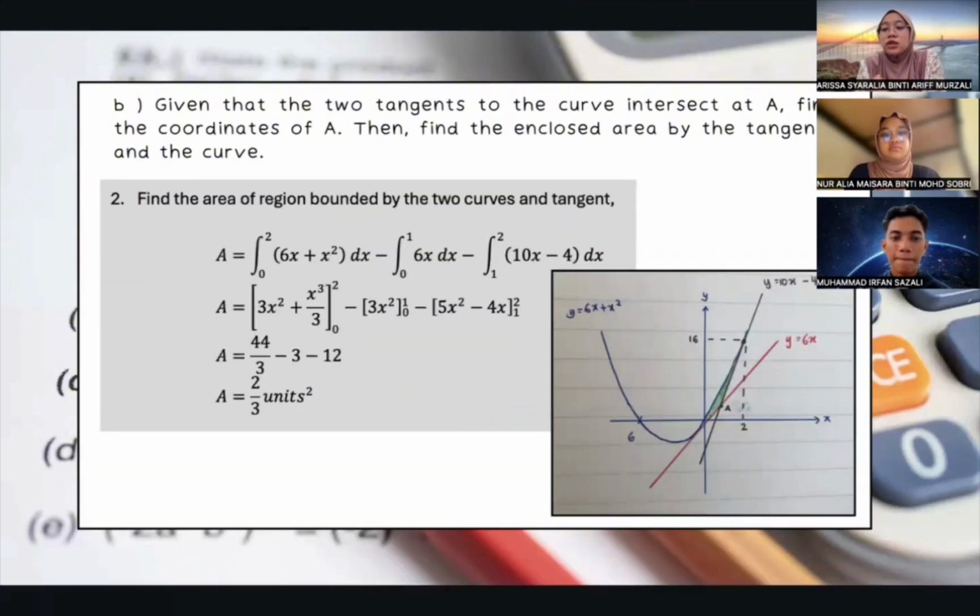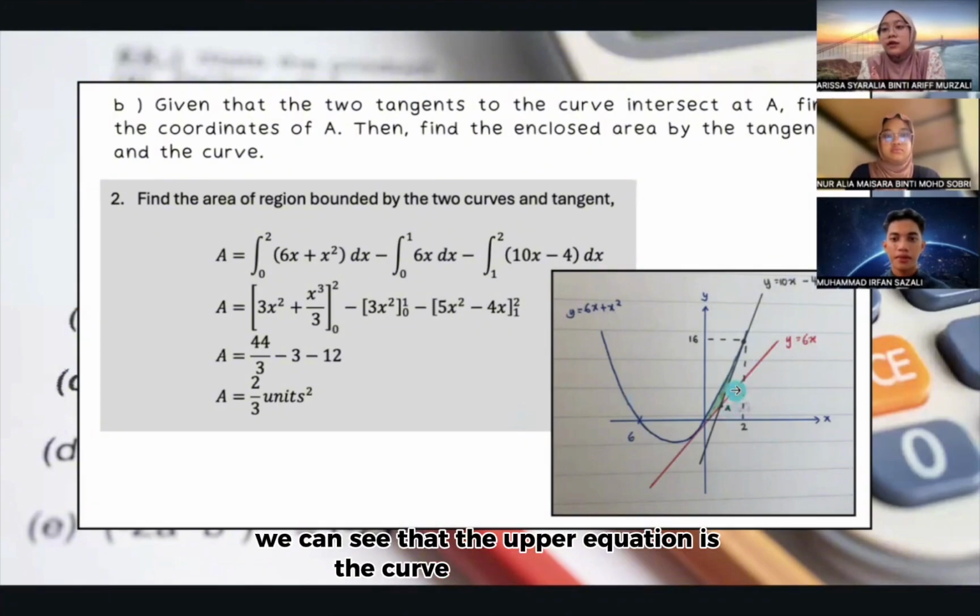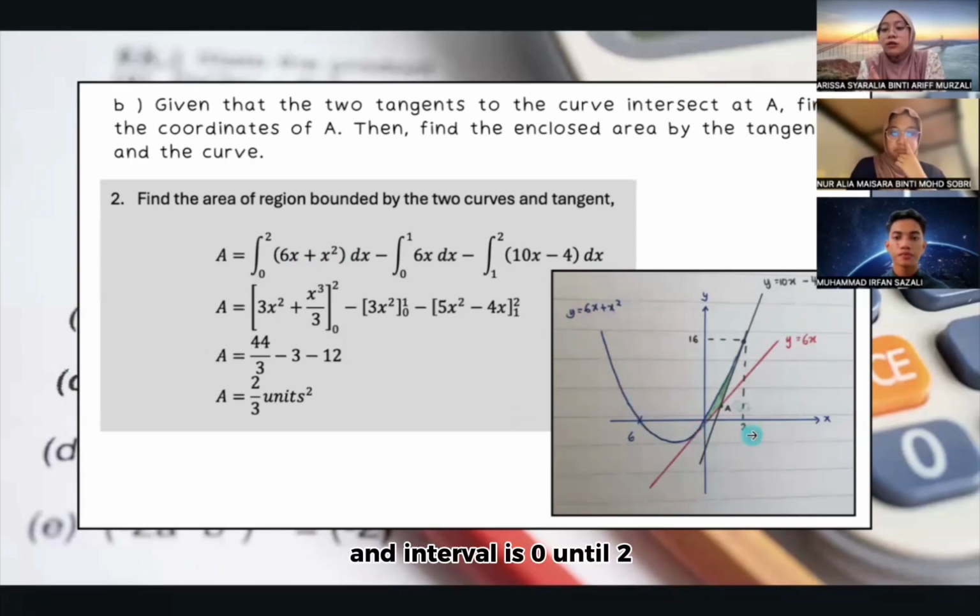After that, we need to determine which one is the upper equation and which one is the lower equation. From the graph here, we can see that the upper equation is the curve equation. So we will put the integral of 6x plus x squared with the interval 0 until 2.